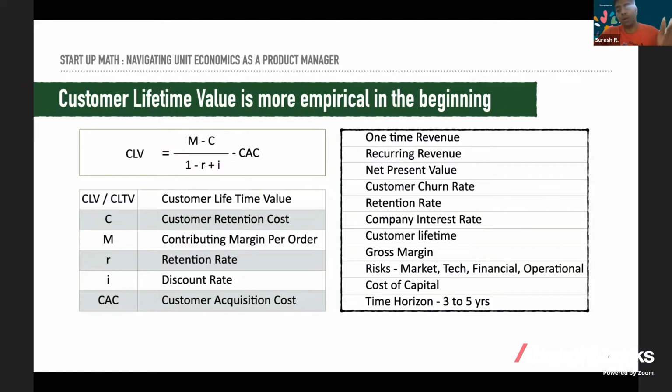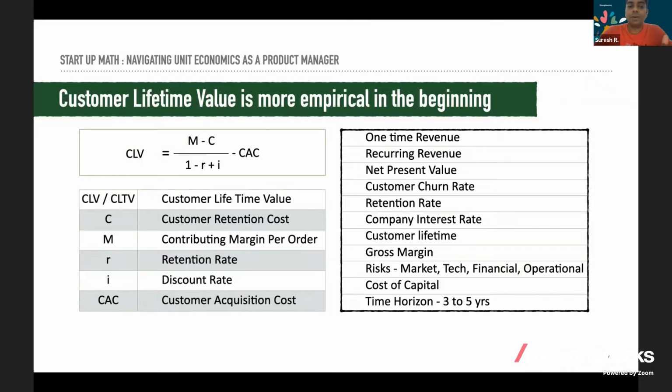Business as usual, they will all have to work. But when I look at it from a customer's lens, and specifically for a startup, it clearly tells me two things. How much am I spending to acquire customers? How much value am I capturing from the customers that I've acquired? And am I on a positive scale when I take both of these into account?